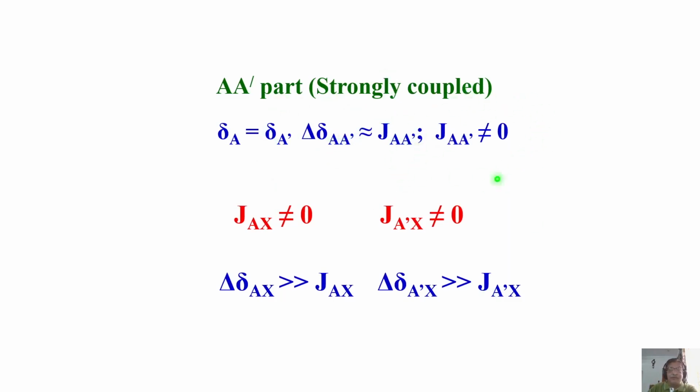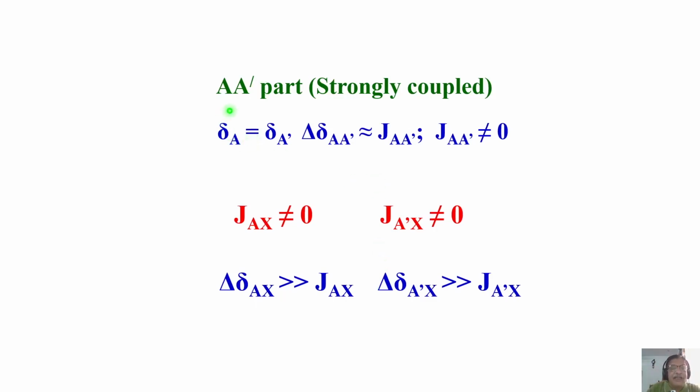If the coupling is zero, it will become A2. Now, between AA prime and X, JAX is non-zero. A prime X is also non-zero. And this condition validates that the chemical shift separation should be larger between AA prime and X, so that AA prime weakly couples to the X proton. These are the conditions for AA prime X. I hope you are all with me.